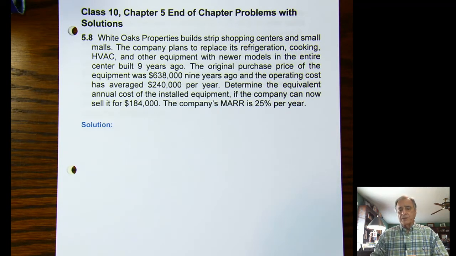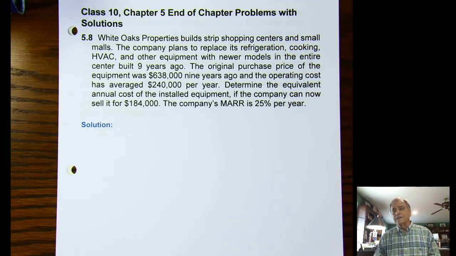This problem is a little bit unusual in that it's looking at all of these past costs. And one of the things I usually tell my class early in the semester is that engineering economics is usually concerned, in fact 99% of the time, with decisions about the future, not looking at the past.